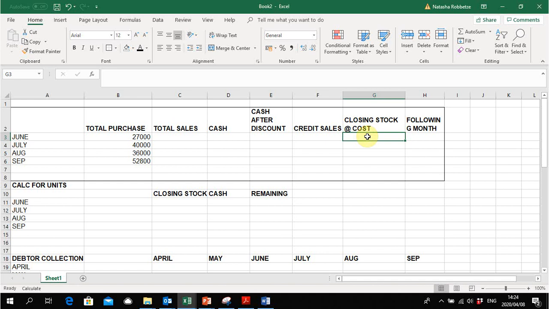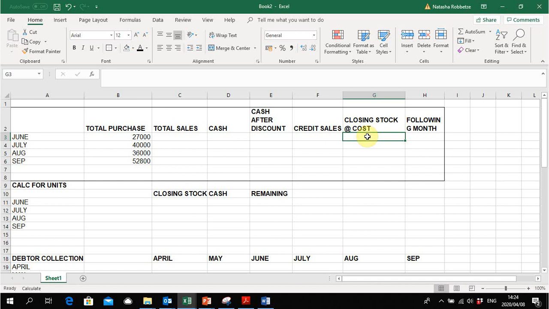Something very important to remember is that the closing stock is calculated at the cost price. So please do not confuse the closing stock with the sales, because closing stock is recorded at the cost price, which we calculate in terms of the production or the purchase.